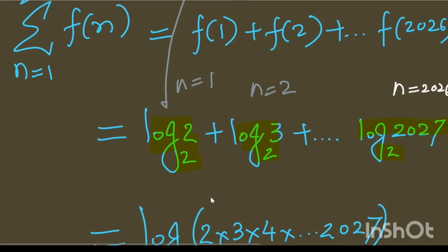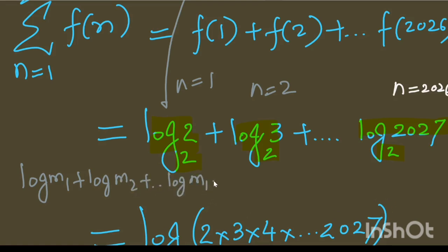So using the generalized result of the product formula of logarithms, log m1 plus log m2 plus log m3 till log mk is log of m1 m2 m3 till mk.